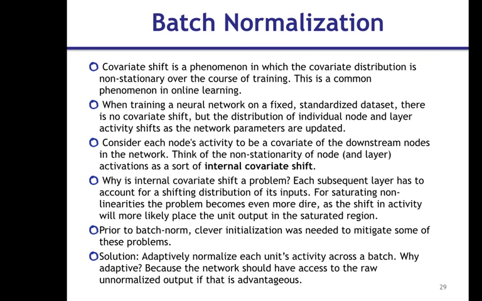So one of the ideas is, what if we just normalize the activity at each layer? Well, that presents a problem, because now that you've normalized across each batch, you are restricting the representational ability of that layer.